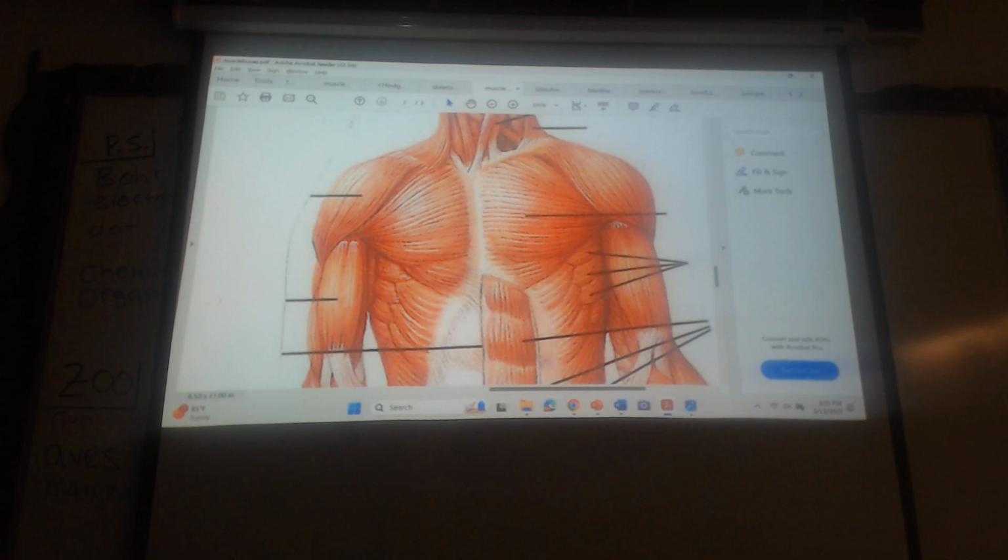What about this one right here? And what about this one? This right here, the shoulder. There's a reason why I'm kind of laughing. It's not on your list, is it? But you got it right. It is the deltoid. Is it on your list?